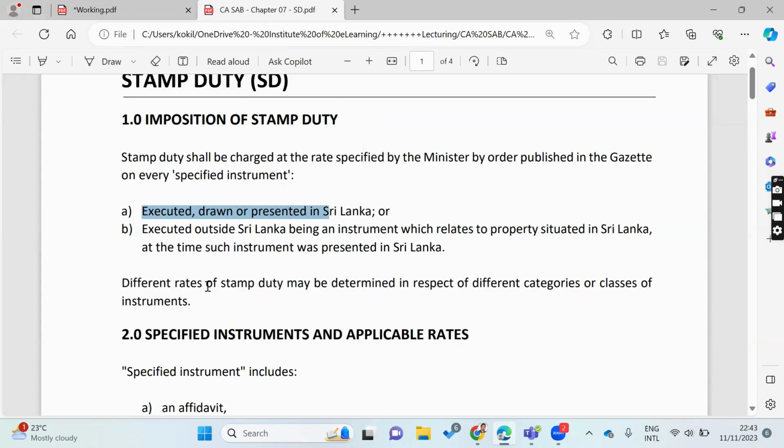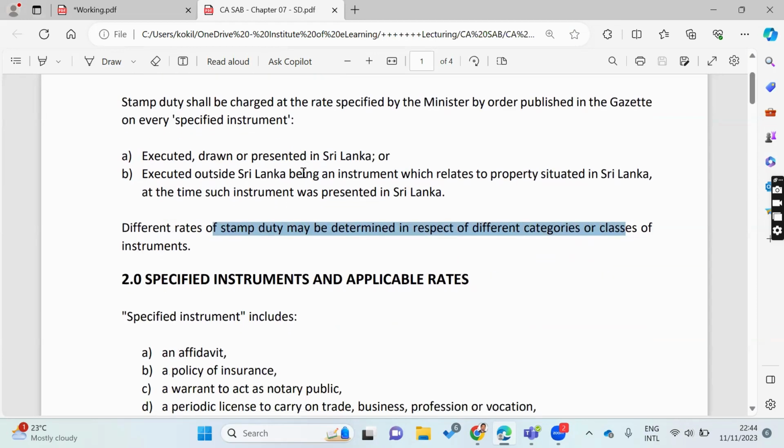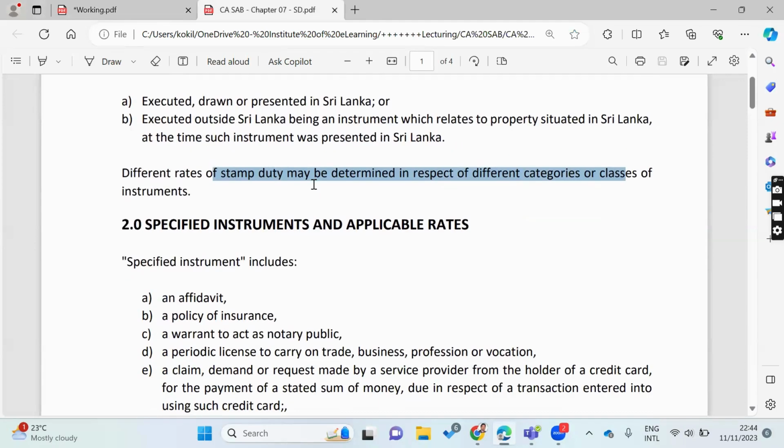Then a different rate of stamp duty may be determined in respect of different categories or classes of instruments. So it's clear, right? We have a rate as specified by the minister. We'll discuss a little later what the rates are and all these things.